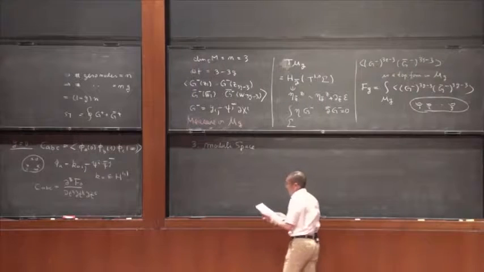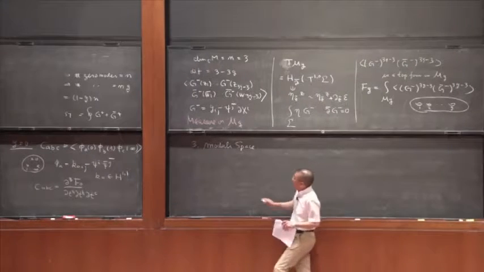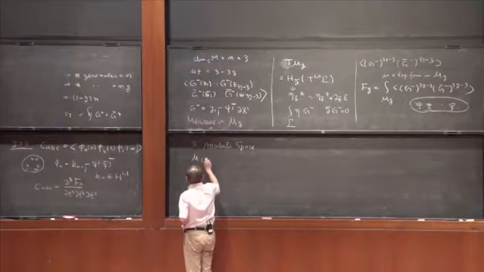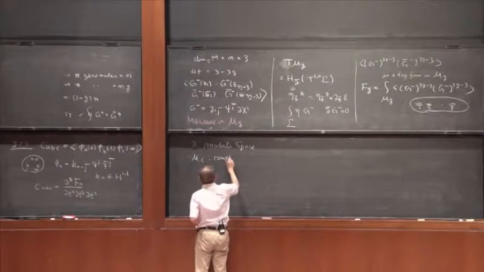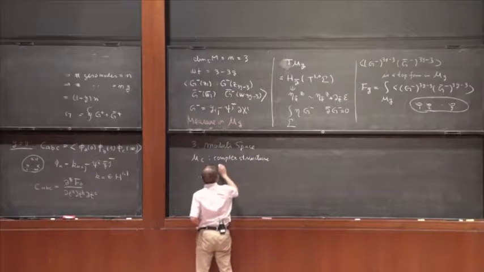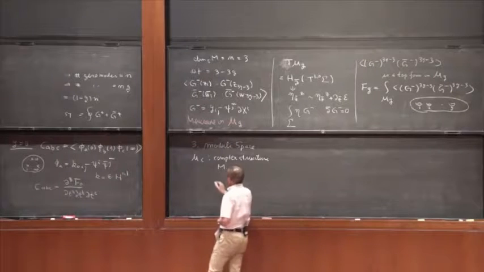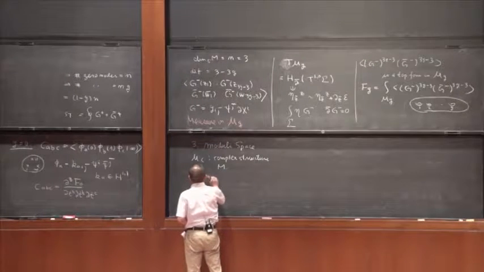of Calabi-Yau compactification. Now, let us first review the moduli space of complex structure of the Calabi-Yau manifold M. And this is, as I explained yesterday, the moduli space of the B model.